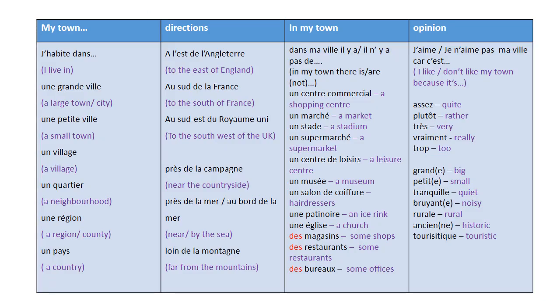Okay, so on this slide we've got a sentence builder, some key vocabulary to help you answer the question of where you live, in more detail. In the first column, you'll notice we've got all the vocab related to my town and different sections of a town, or regions, and we go as big as a country at the bottom.